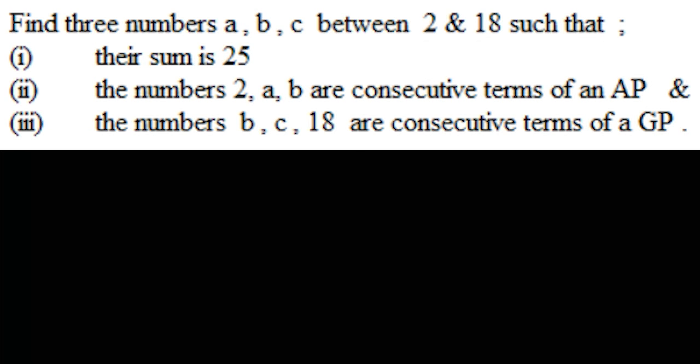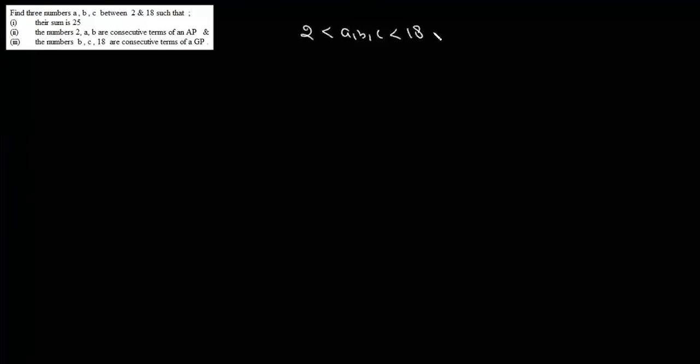Now the question is, find three numbers A, B, C between 2 and 18. So we have to find these three numbers A, B, C lying between 2 and 18 such that their sum is 25. So that means A plus B plus C is 25.